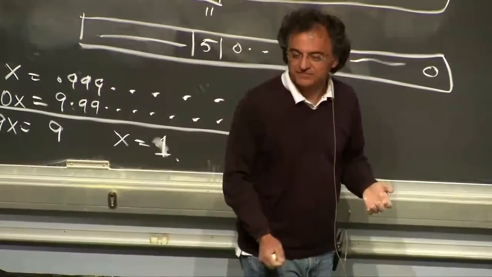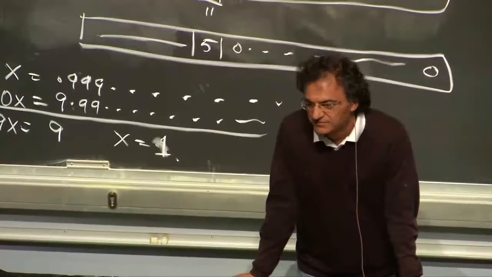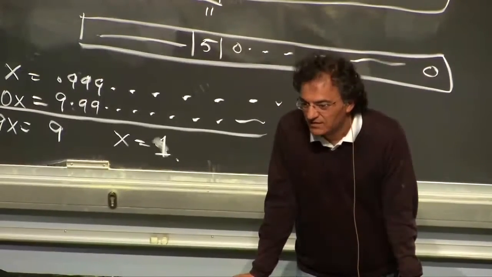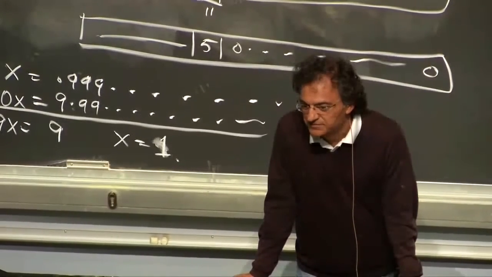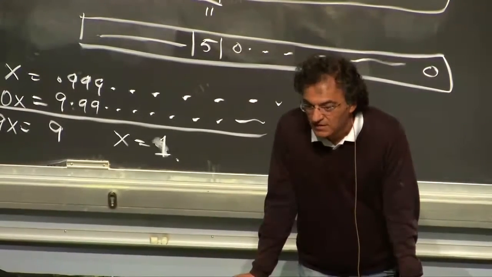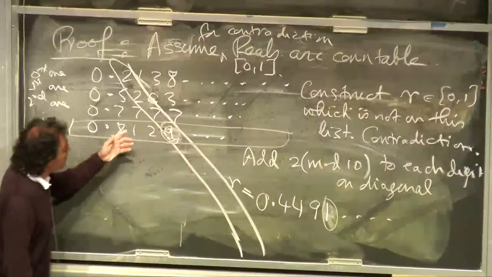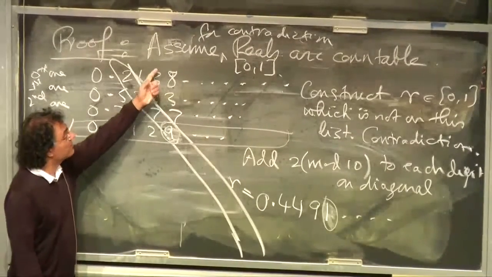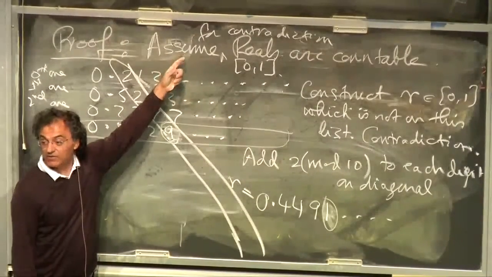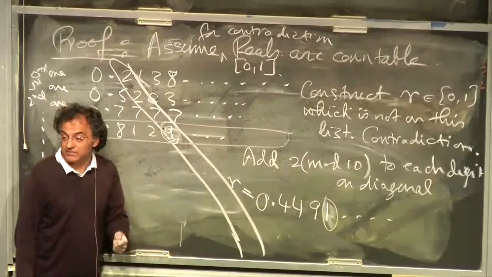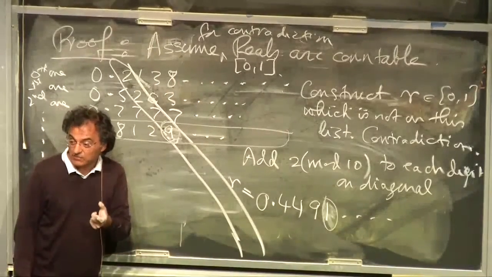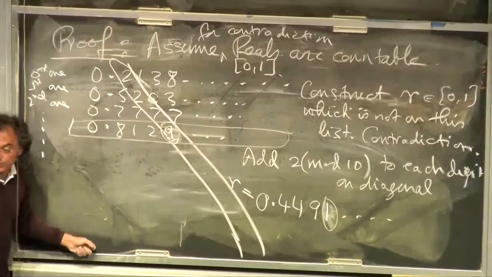Wait, so that's weird. So this number was not in the original infinite list? Yes. We made an assumption first, right? We assumed that you could take all the real numbers between 0 and 1, and you could line them up this way.